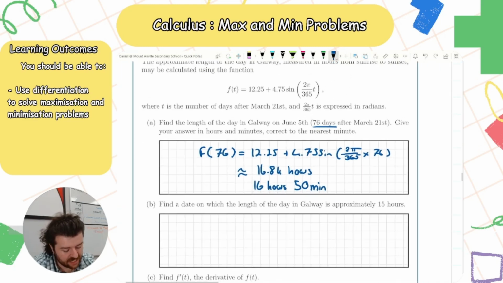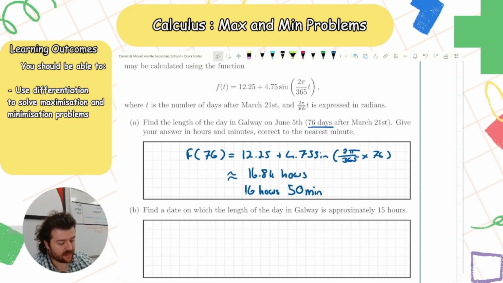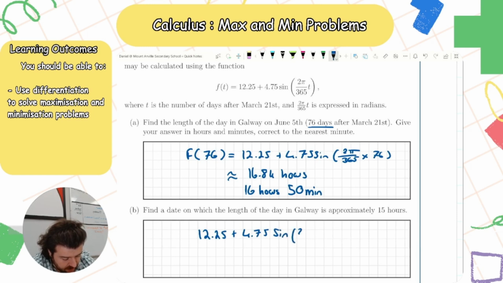Find the date on which the length of the day in Galway is approximately 15 hours. So I just now want to find a date where the length is 15 hours. So it's just 12.25 plus 4.75 sine 2 pi over 365 t equals 15.